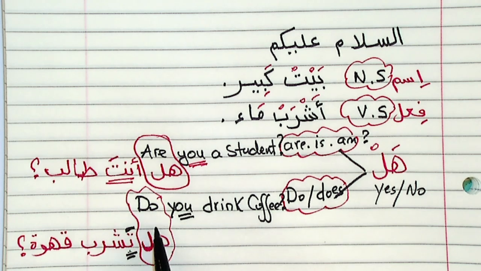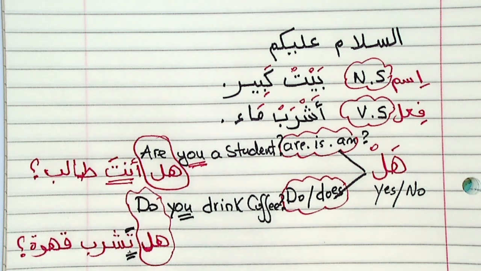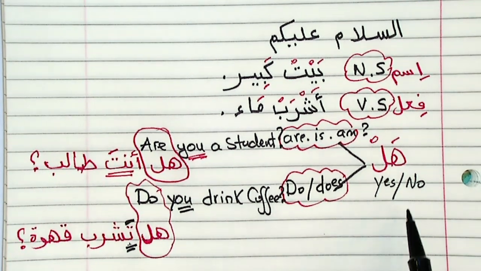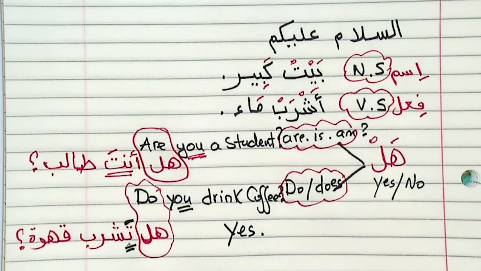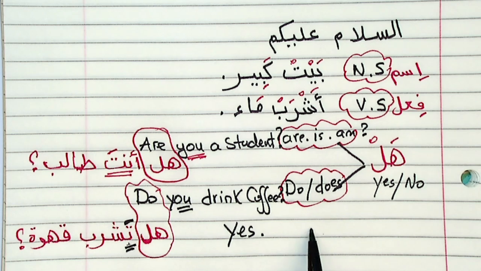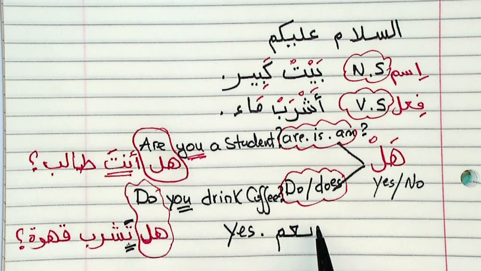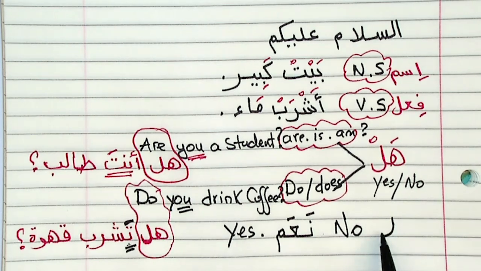But hal goes for do, and then are you, or is he a student, or is she a student, or am I a student? The answer for these is usually yes or no. For yes, we say na'am. And for no, we say la.